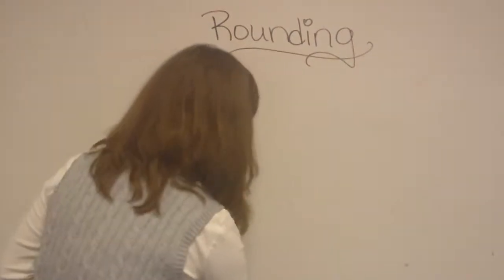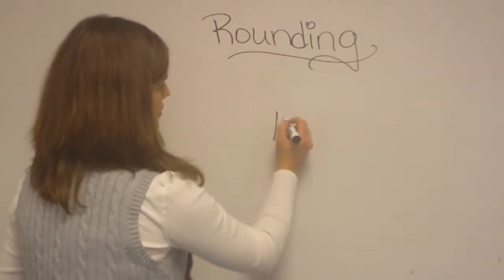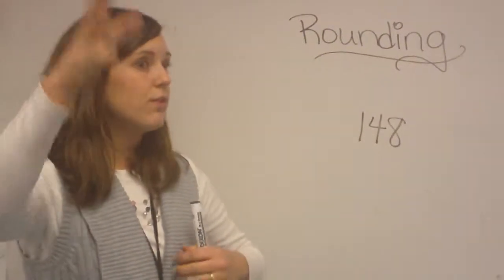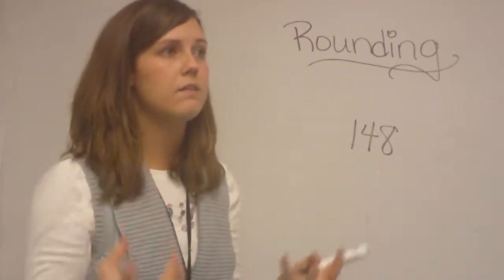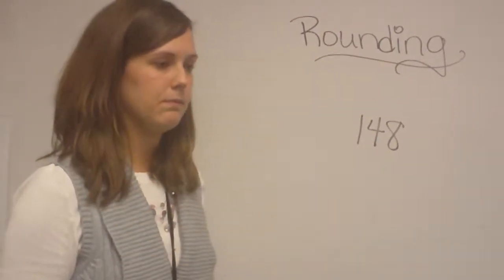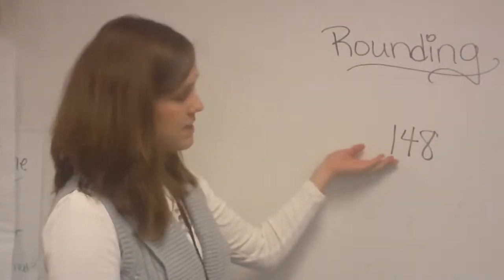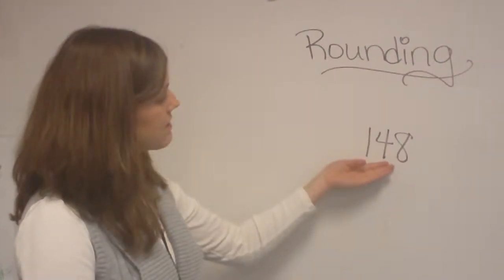Let's say I was looking at the number 148. And in my head, I'm using 148 and other numbers. Well, I want to round that number to make it easier. Dependent on the situation, I could round it to the nearest hundreds place or could round to the nearest tens.